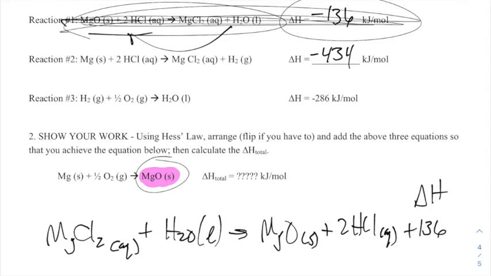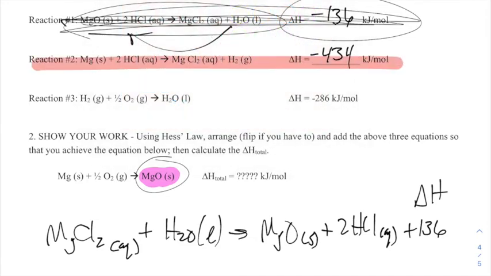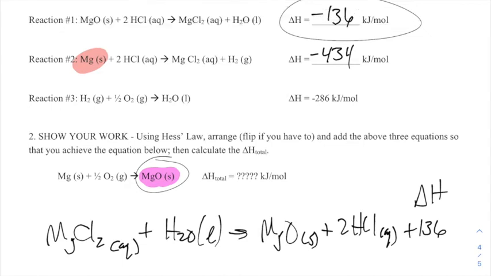All right, fine. So that's done now. Now, what is going on here that is down here and only down there? Well, I'm looking at the magnesium. The magnesium does not appear anywhere up here, just the solid magnesium, nor does it appear here, and we do need it down here. So what do I need? I need 1 mole of it, and I need it on the left.